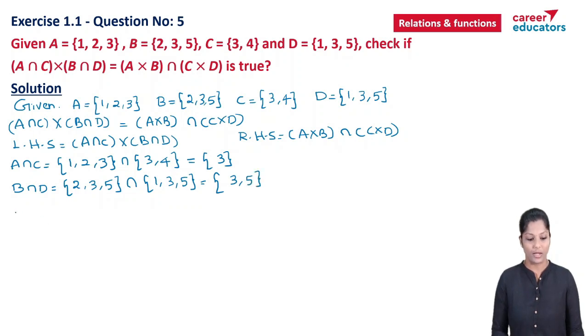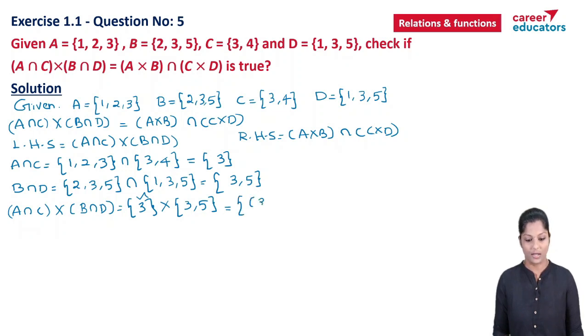Next, we have to find A intersection C cross B intersection D. Write all the elements of A intersection C cross, write all the elements of B intersection D. To find A intersection C cross B intersection D, we have to pair each element of A intersection C and each element of B intersection D. Take the element 3 and pair with 3 and 5.